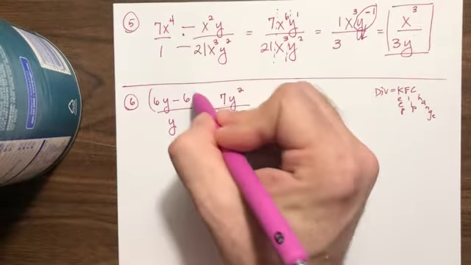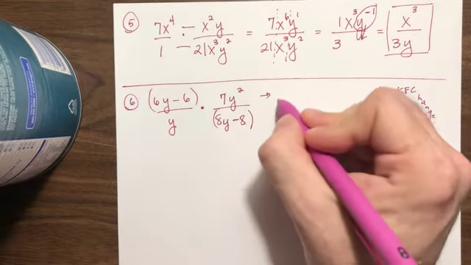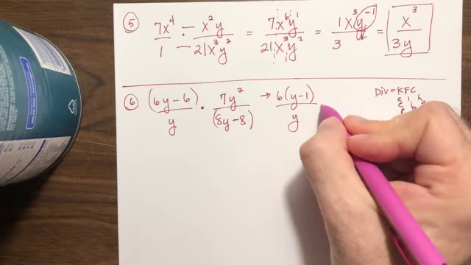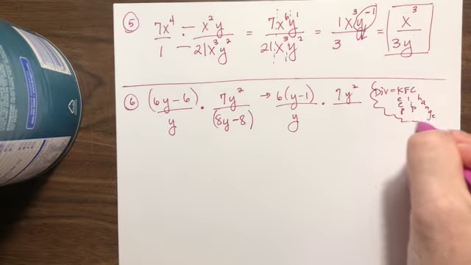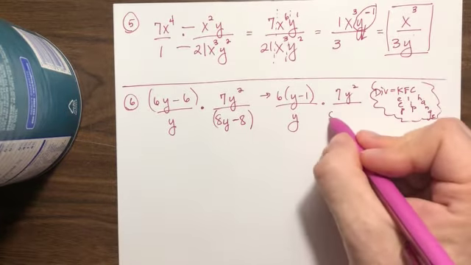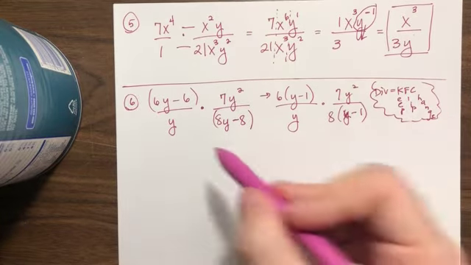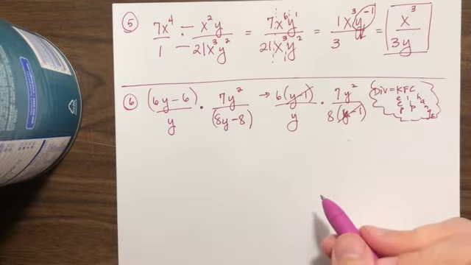Now I can go about factoring these two bubbas. And I get 6 parentheses y minus 1 over y. And then 7y squared over 8 parentheses y minus 1. Right? GCF? So now the y minus 1's cancel, and that's it.